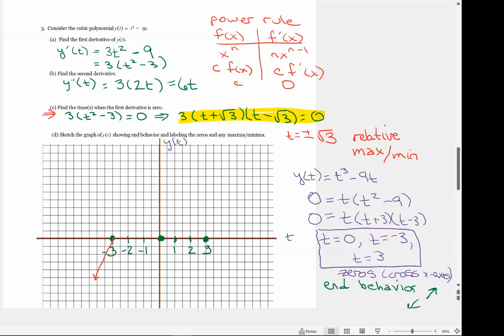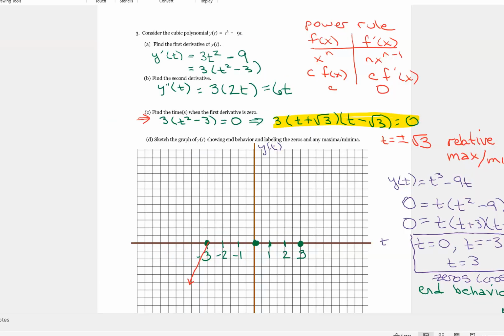I'll show you after that. But I do know that at plus or minus the square root of 3, I have a max or a min. That means I need to plot that point. Here's negative the square root of 3. Square root of 3 is about 1.7.